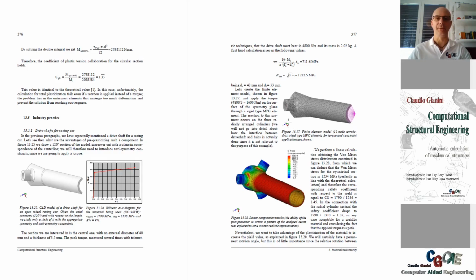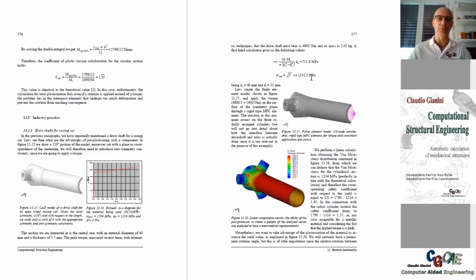We model 1/3 of it, just because it's symmetrical. We use anti-symmetrical boundary conditions, because the torque will generate an anti-symmetrical load case. And the behavior of the material is not elastic perfectly plastic, but is a bilinear behavior, meaning that also in the plastic range, increasing the strains will increase the stresses.